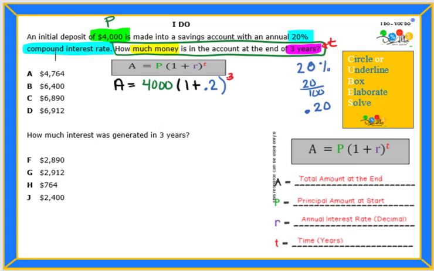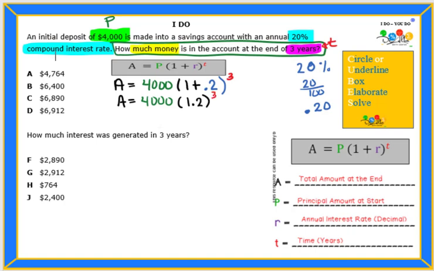So now I have A equals 4,000 times 1.2 to the power of 3.